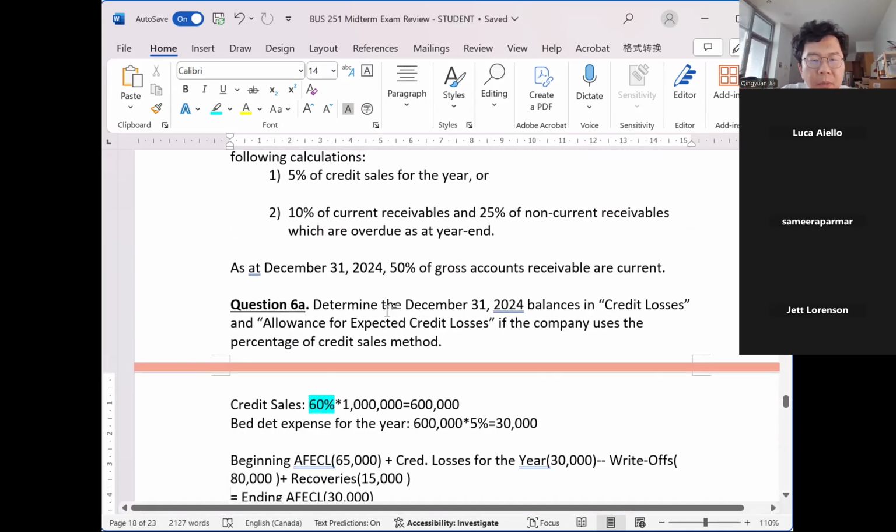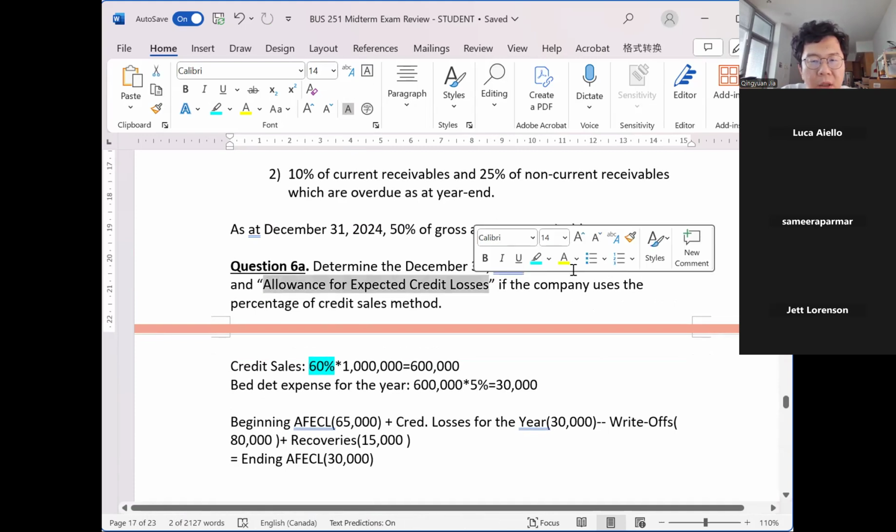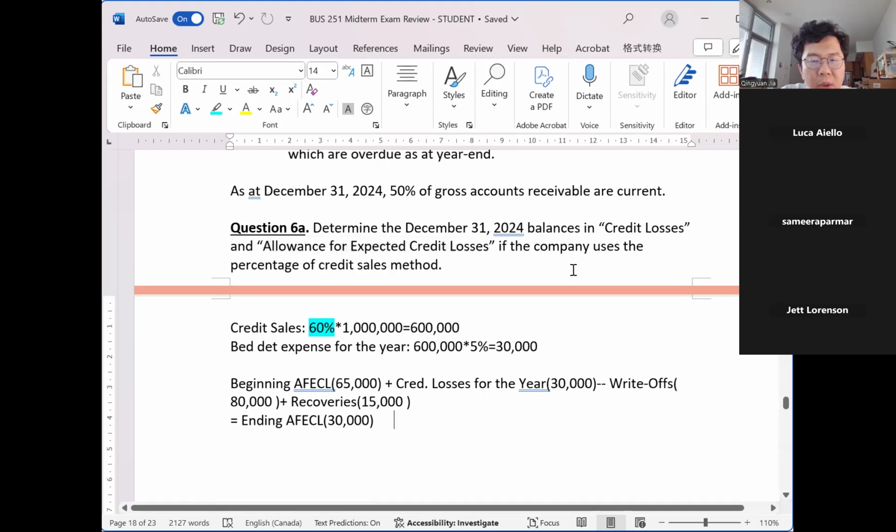So we are required to calculate credit losses and allowance for expected credit loss. So we directly calculate this out, credit losses.